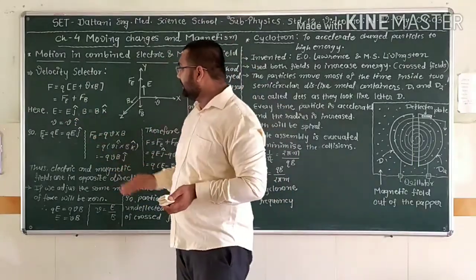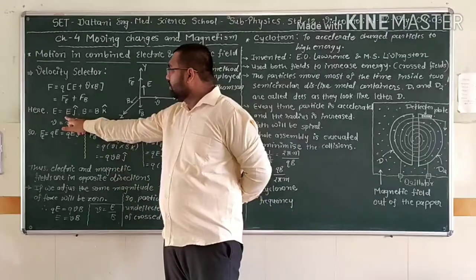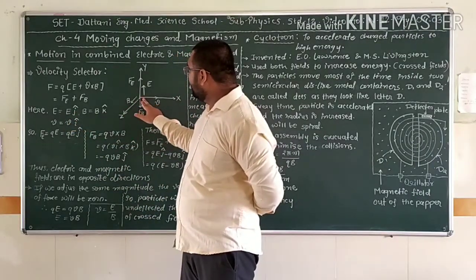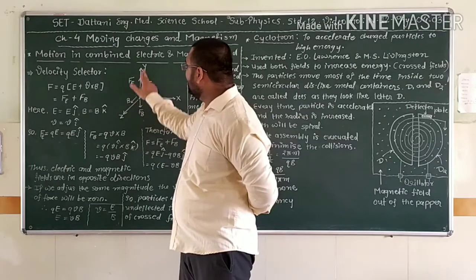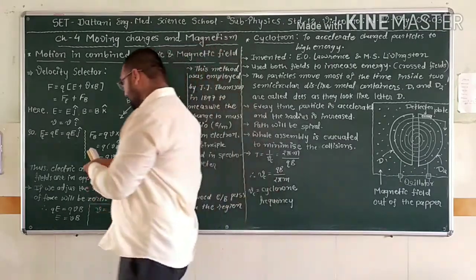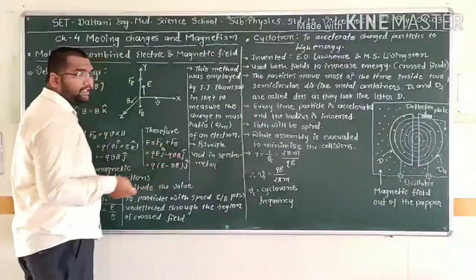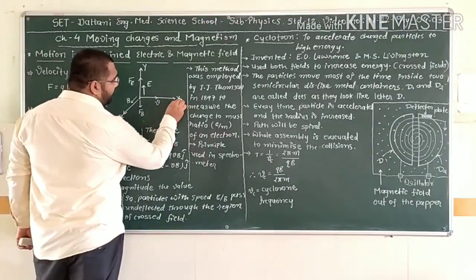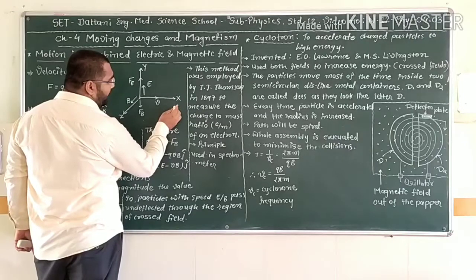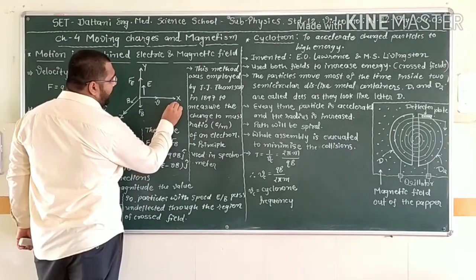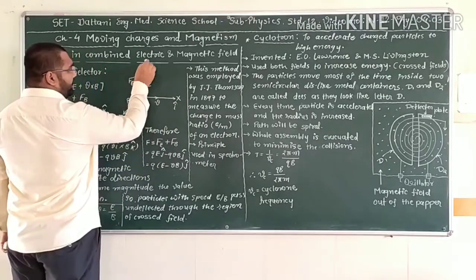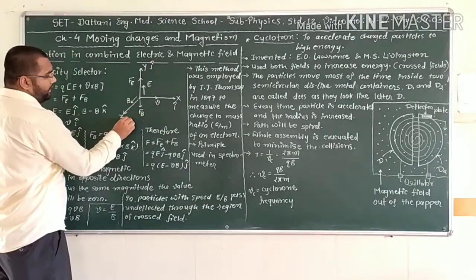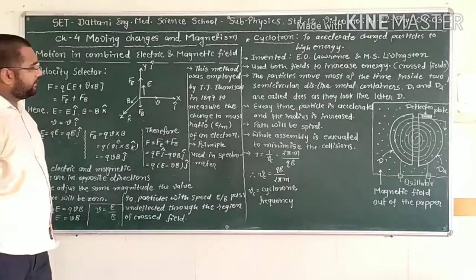If we consider the direction of the fields, the direction of the electric field is in y direction. As we learned in our standard 11, x-axis direction is denoted by i caret, y-axis direction is denoted by j caret, and z-axis by k caret.